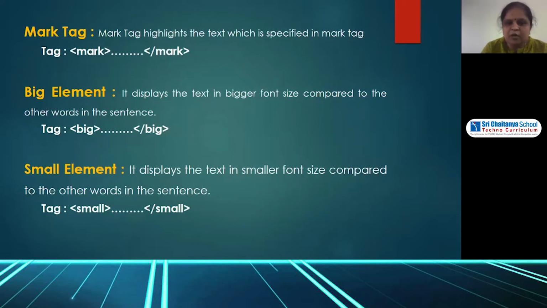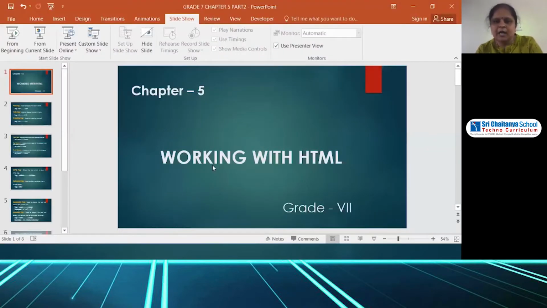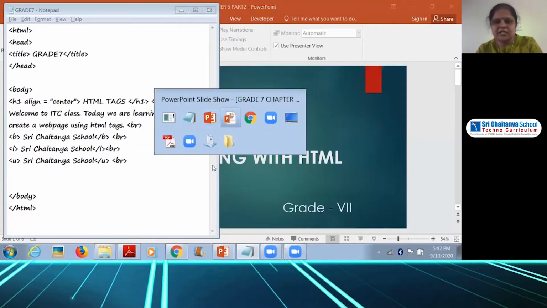Then small. Only the selected word will be smaller than the sentence we have written. Let us see how exactly it works. All these tags we shall practice and see.